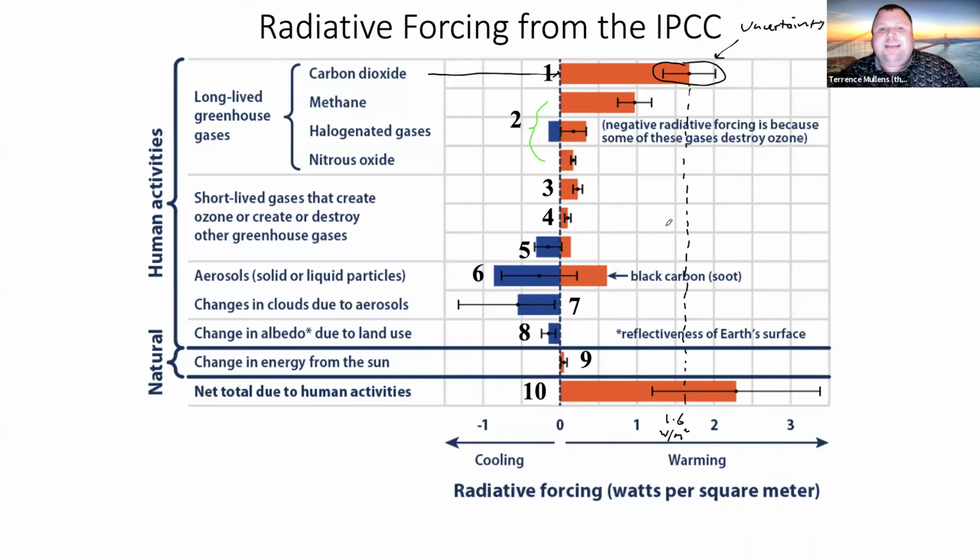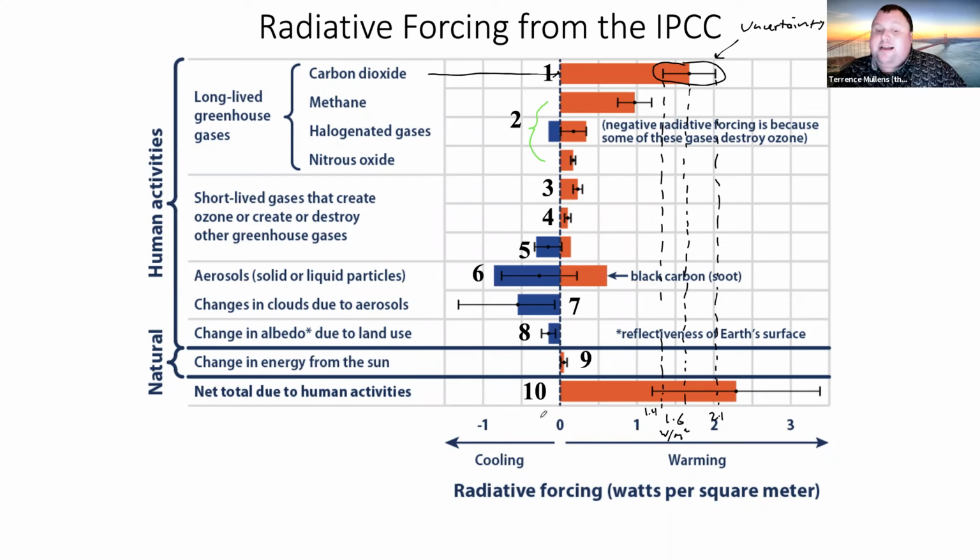However, we can say with a 95% statistical certainty that carbon dioxide has resulted in somewhere between 1.4 and approximately 2.1 watts per meter squared of warming. So that's basically what that suggests.